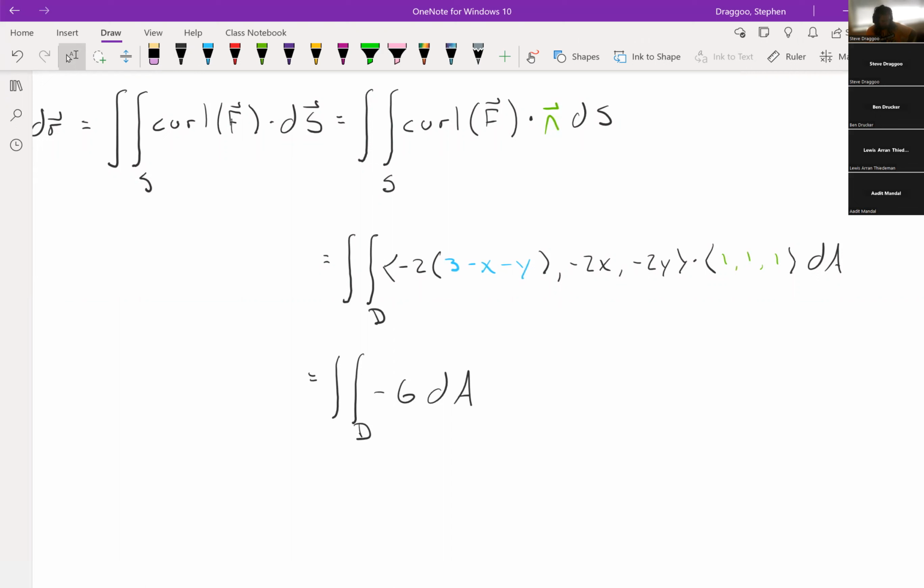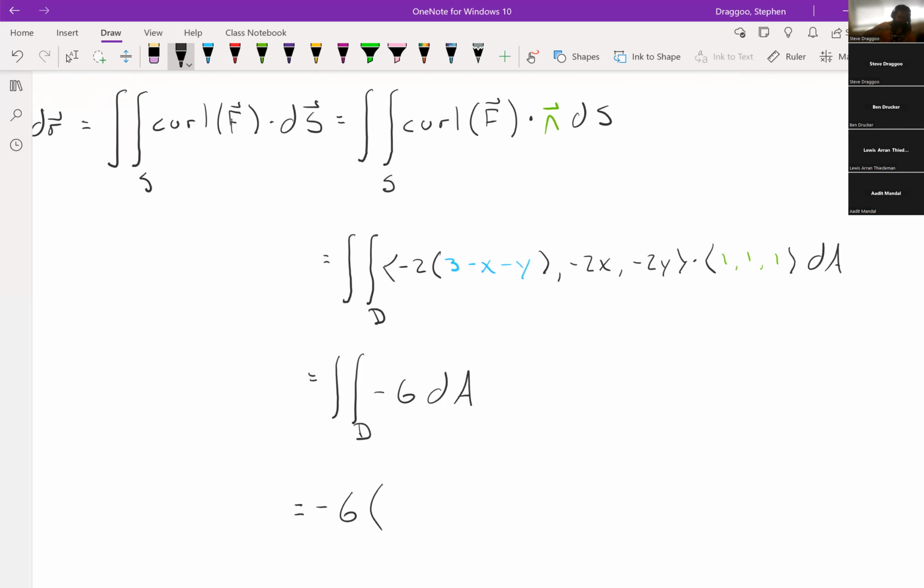Cool. So all that means then is we need negative 6 times the area of our region. We know that this region projected down into the XY plane, which is where our parameters exist, is going to be a triangle.